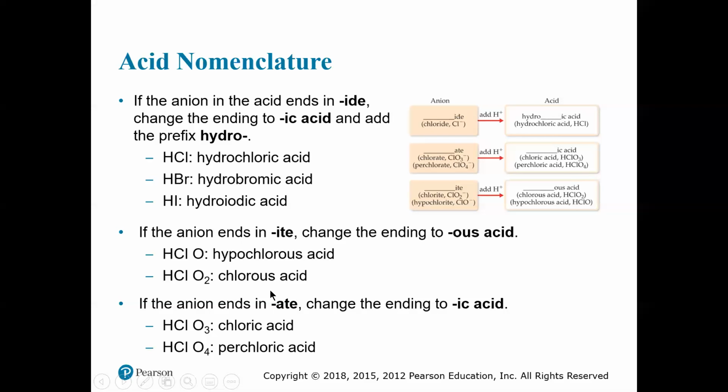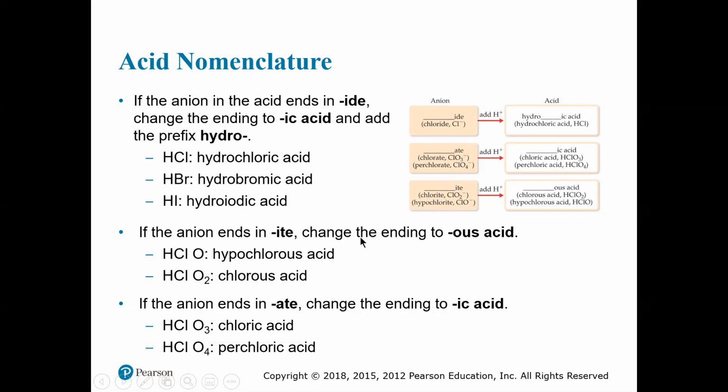One way to remember it is you ate something icky. So for this one, I have chlorous acid. You don't use the hydro. You only use the hydro when you're dealing with hydrogen with one other thing. If a polyatomic ion is your second thing, we don't include the hydro. So this becomes chlorous acid.